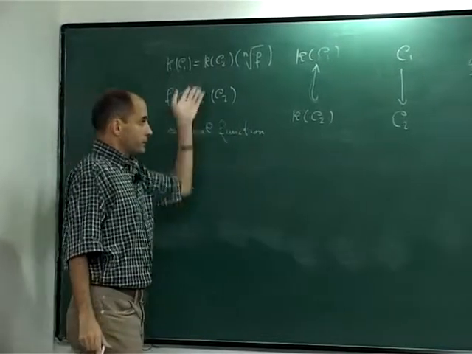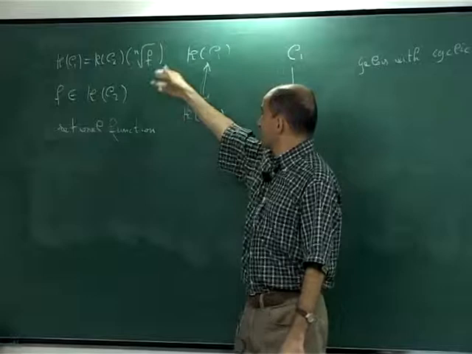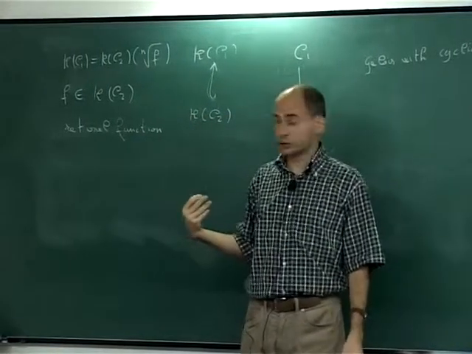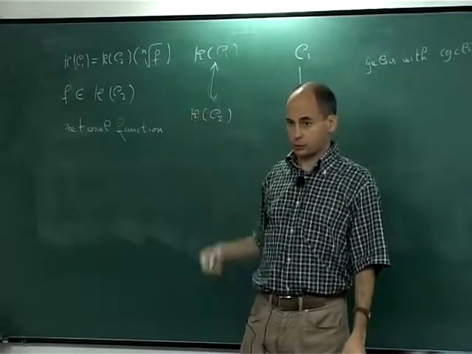So by Kummer theory, all cyclic extensions of a field which contains all nth roots of unity are obtained by extracting nth roots.